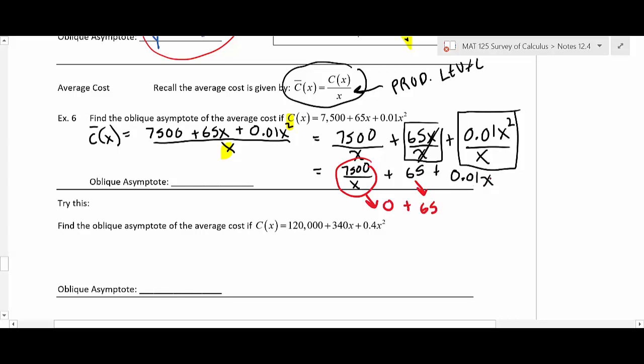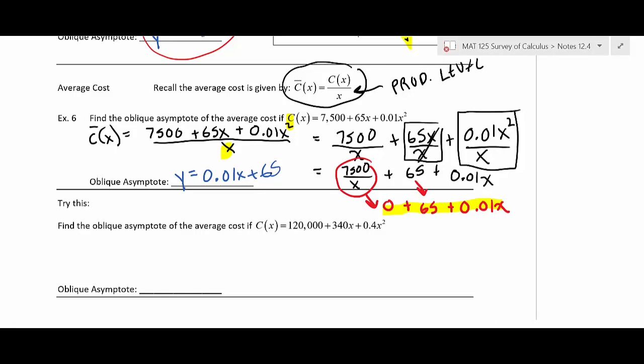That one, if x is infinite, just stays. So what's left over is your oblique asymptote. For your answer, y equals 0.01x plus 65. The 65 is the y-intercept and the slope is 0.01, so that would be a line sloping up with a y-intercept of 65. That's the idea.